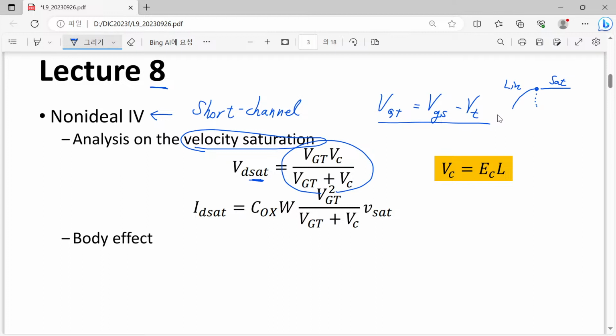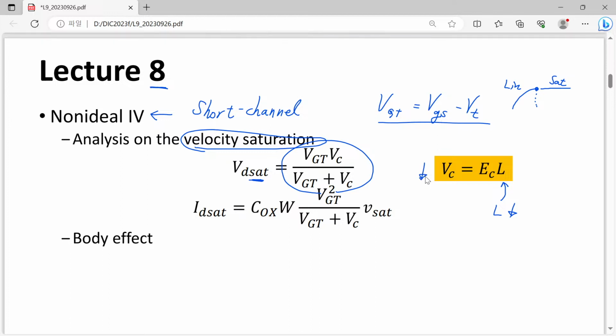However, when we have a very short channel length, then this L decreases, and also this critical voltage decreases, and this form of saturation voltage is simply given by taking the smaller one between the gate overdrive voltage and the critical voltage.